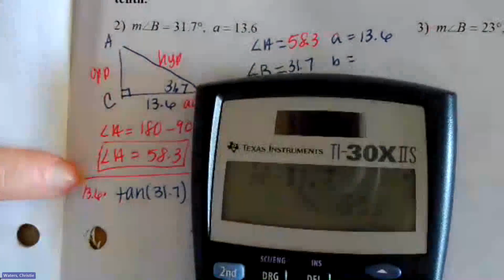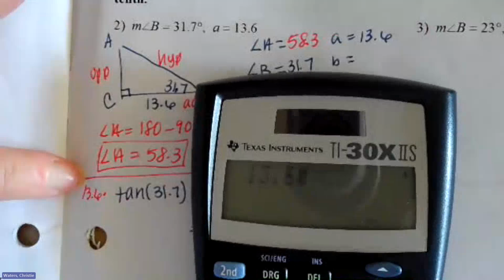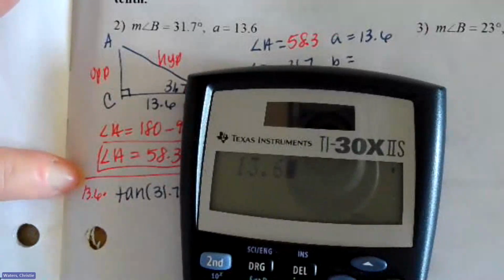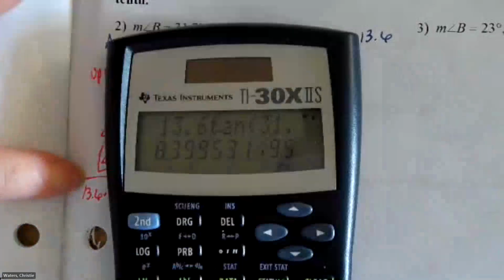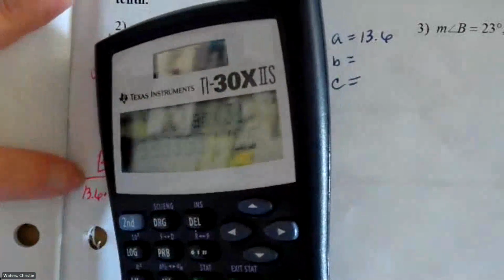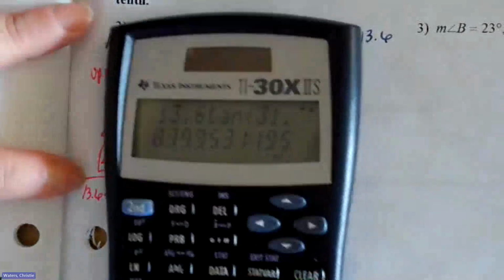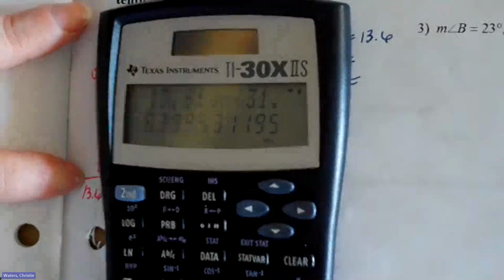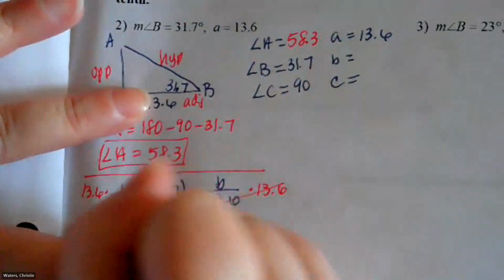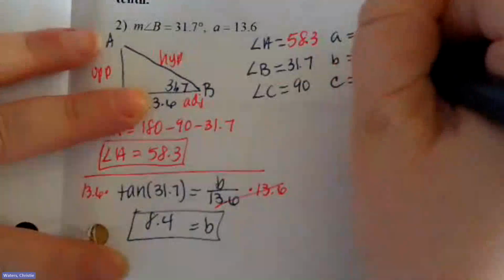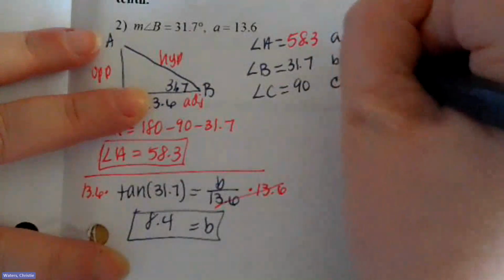And then I typed this in my calculator. So 13.6 tangent 31.7. And I get 8.39, but again, we're rounding to the nearest tenth. So I'm going to put 8.4. And I can fill that in over here.